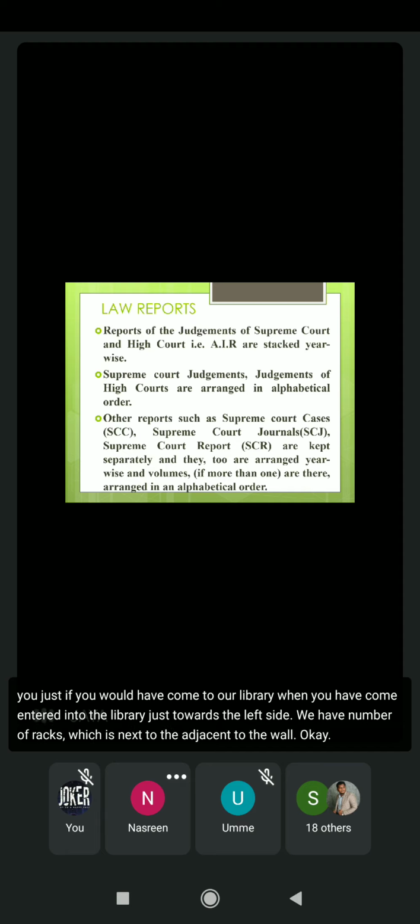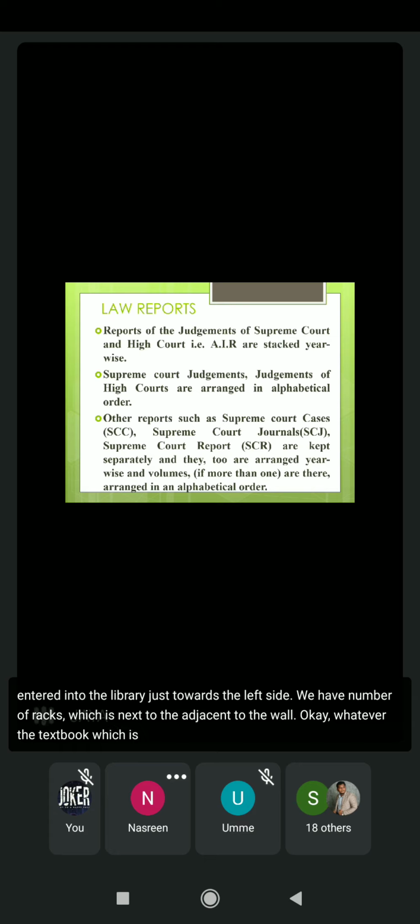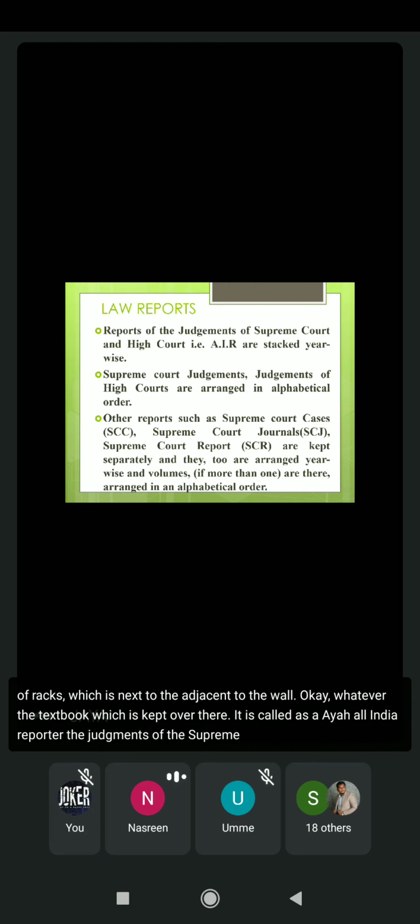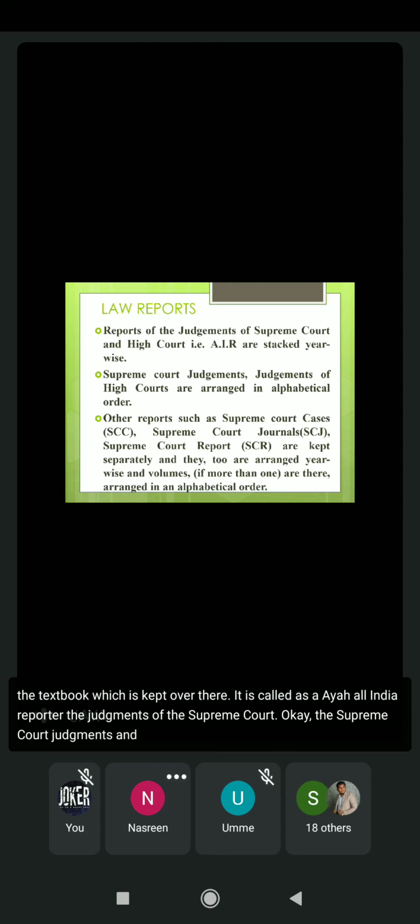The textbooks kept over there are called AIR, All India Reporter, the judgments of the Supreme Court and High Courts.